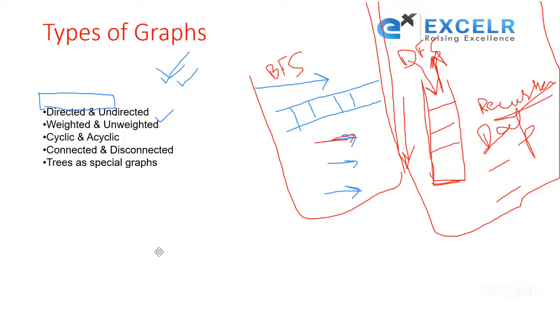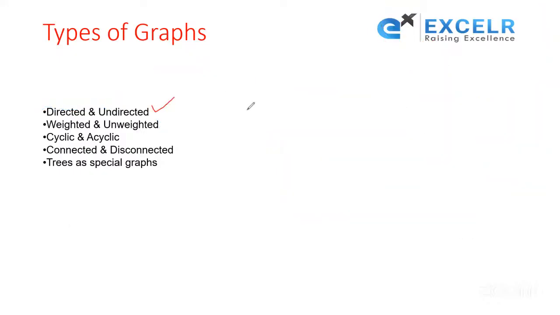Then we'll go to the types of graphs. See, we have so many types of graphs, depending upon the usability. If we go to some of the basic graph types, simply it is directed and undirected, which we have explained. A directed graph is a graph where there is a direction on the edges. When the edges are directed, we say the graph is a directed graph.